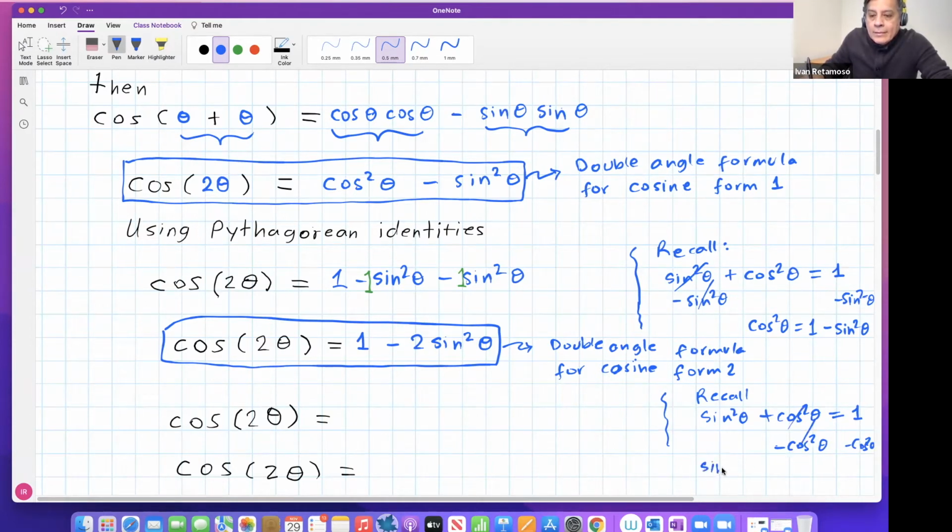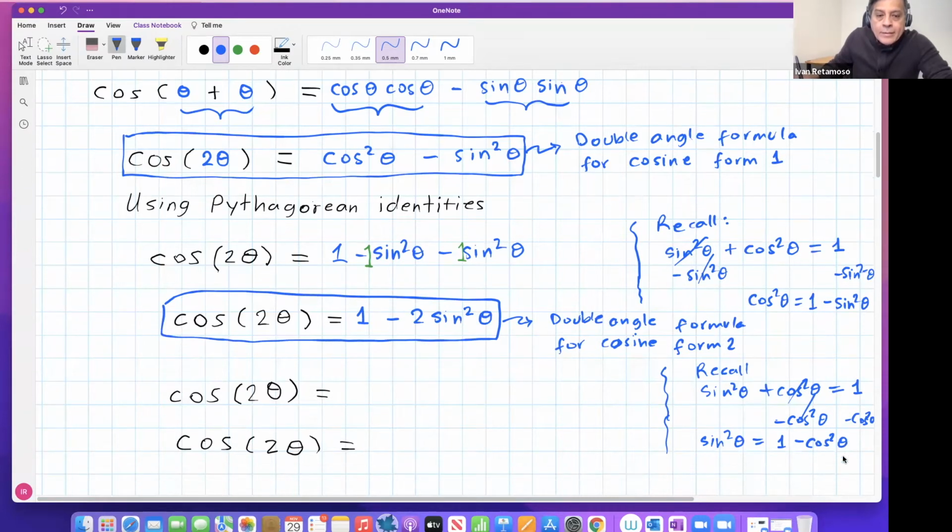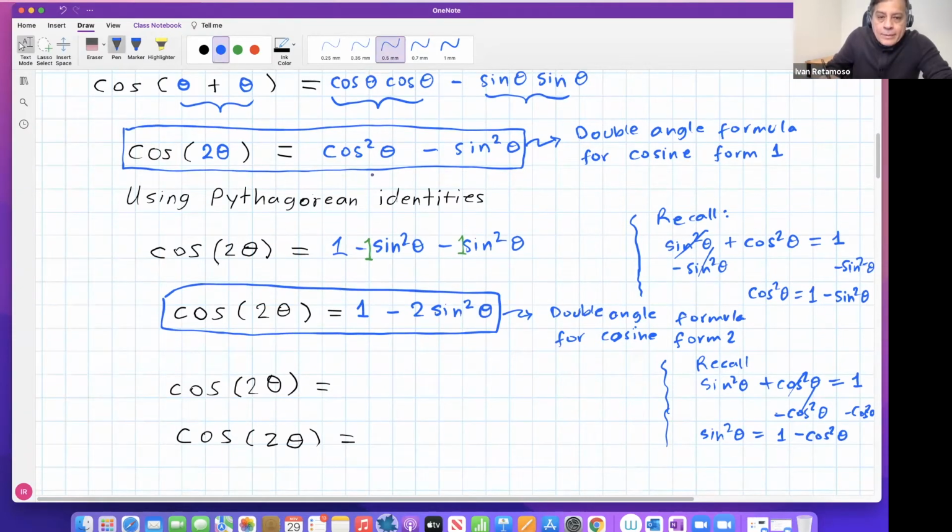Sine squared equals 1 minus cosine squared of theta. Now, if you replace this sine square that appears in this formula with this 1 minus cosine square, look what's going to happen. This is going to be cosine square of theta minus sine square, but I'm going to substitute sine square with its equivalent in terms of cosine, 1 minus cosine square.